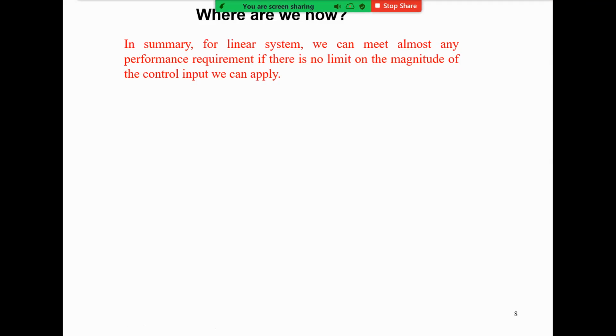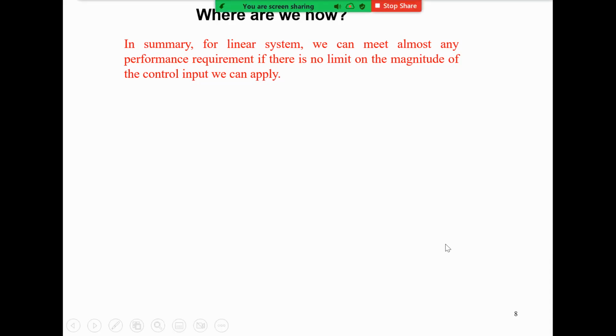When we say it is stable, we just say it will not blow up to infinity. But in that process, the required control input may be huge, and we didn't consider whether there is a cap on those values.